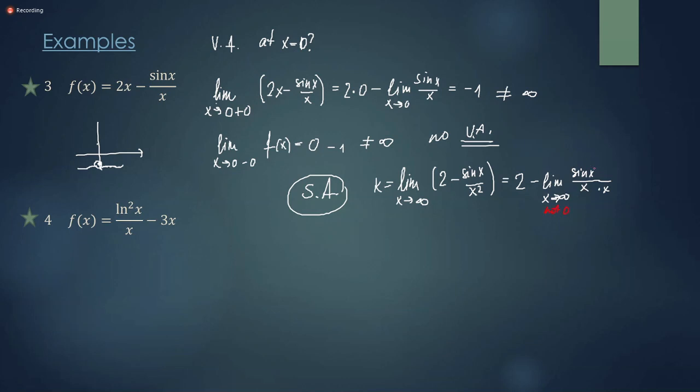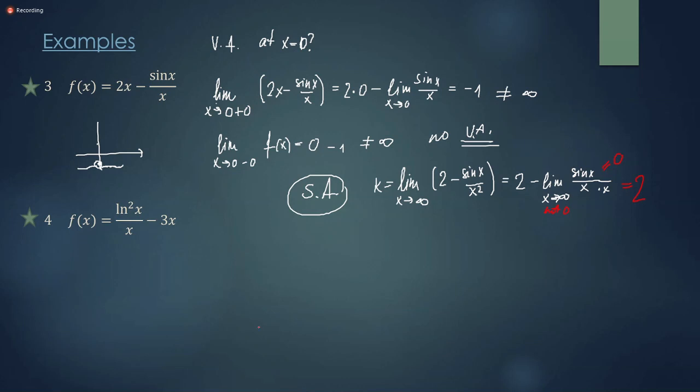But let's remember, sine x is bounded. It's always between -1 and 1. However, x itself tends to infinity. So this limit actually is 0. We had a look at this kind of limit. You could also use the squeeze theorem or the sandwich theorem for this. By replacing sine x by 1 or by -1, you will still see this limit is 0. So zeros on both sides. So k is 2 if b exists.